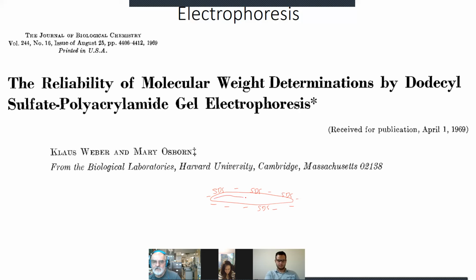And internally what you have is a linear protein sequence. The protein may have charges along it, but generally speaking, you don't see that because it's surrounded by a net charge of sodium dodecyl sulfate.